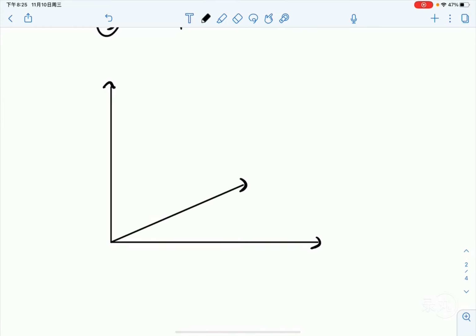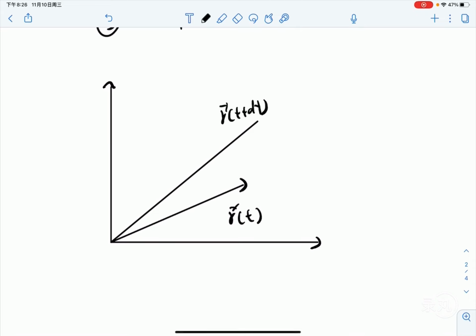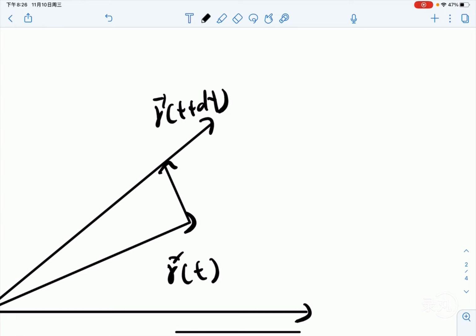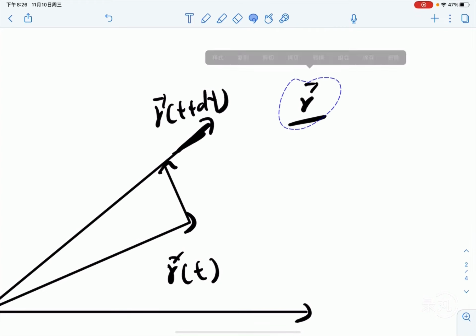R at time t, and this one is r at t plus dt. And we separate it into the tangent, and this direction is the direction of the r vector, the displacement vector at time t.